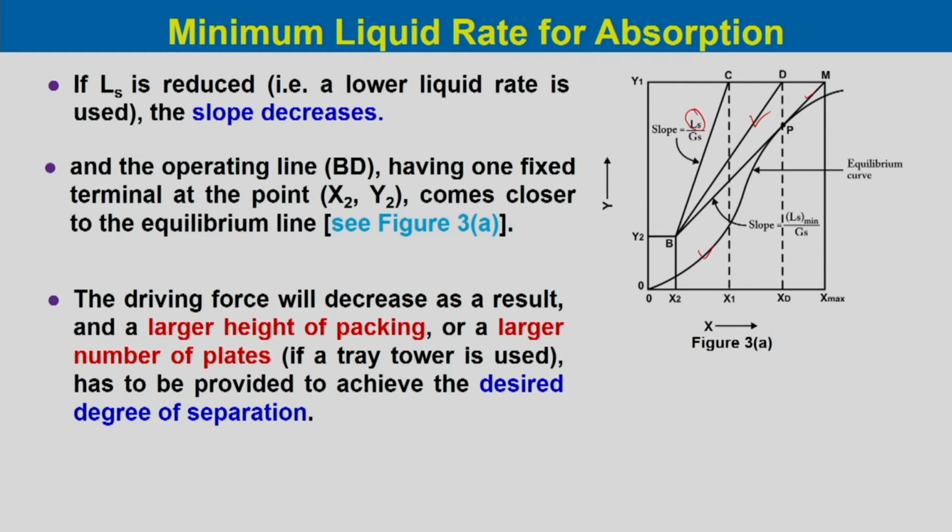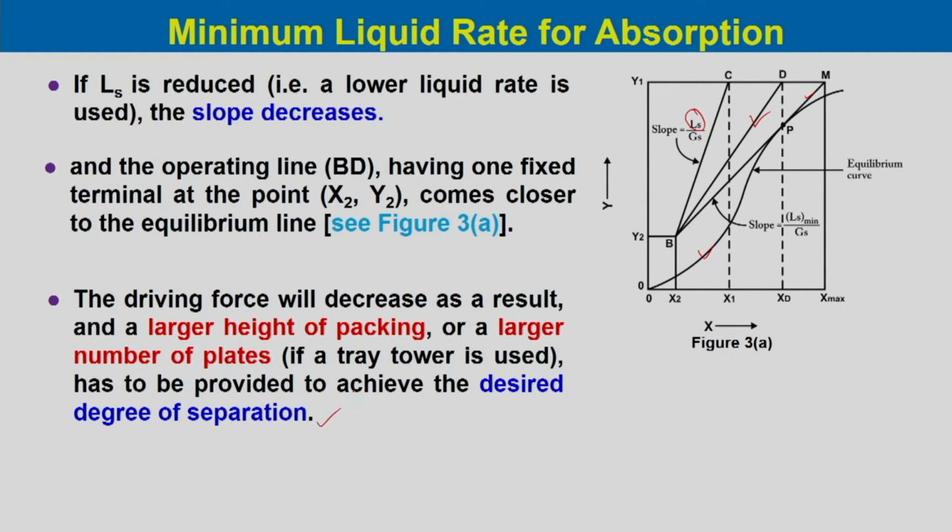As we decrease the liquid rate, this distance decreases, and hence the driving force decreases. So, a larger height of packing, or a larger number of plates if a tray tower is used, has to be provided to achieve the desired degree of separation.